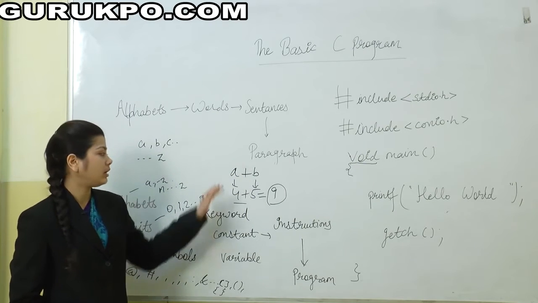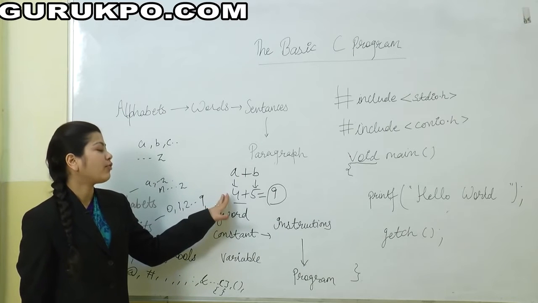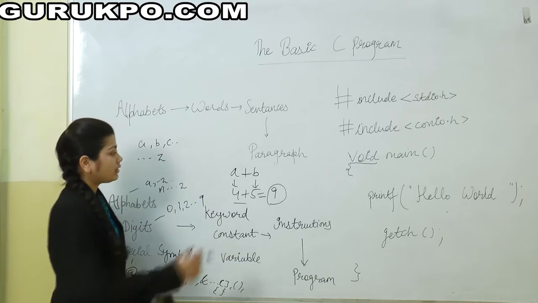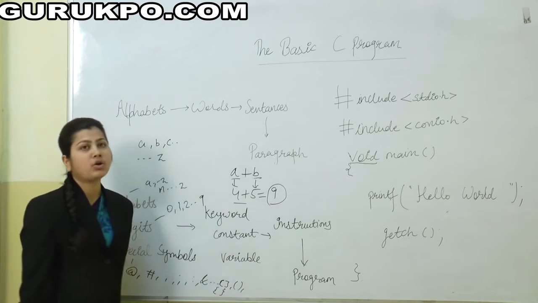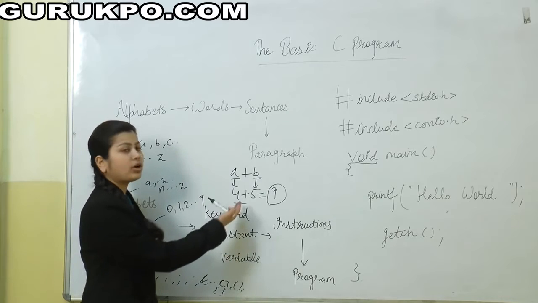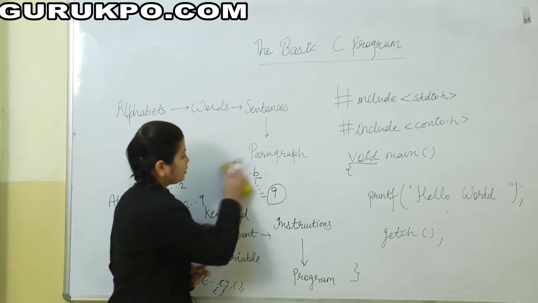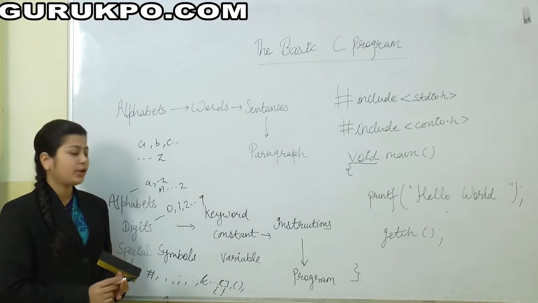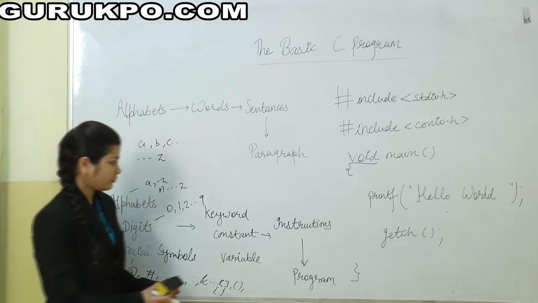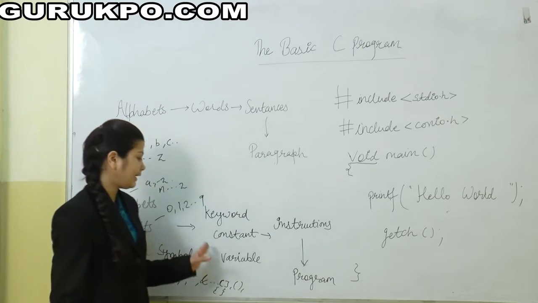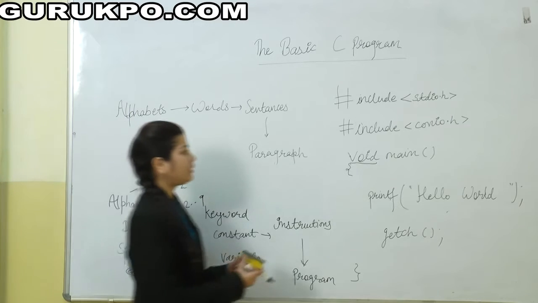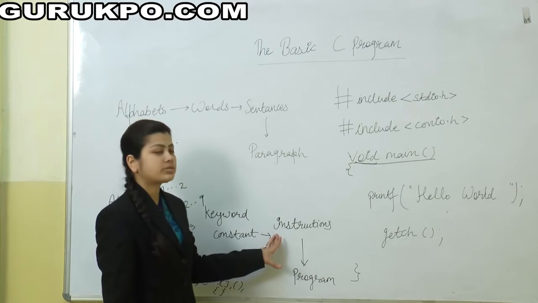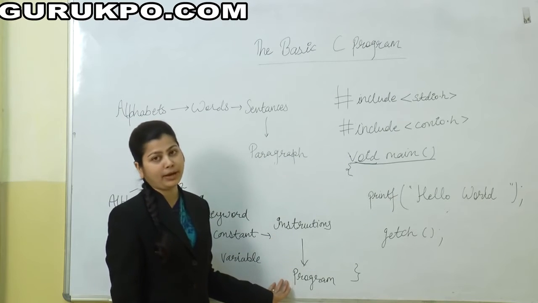These values of A and B are stored permanently in the variables, so they are called constants because their values are constant. But if we take the input from the user in our program, then the values are called variables. The combination of keywords, constants and variables makes the instructions. For example, a whole line is an instruction of the program, and the set of instructions is called the program.